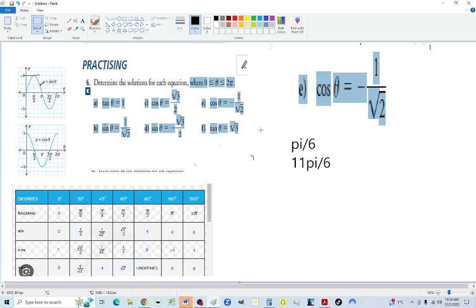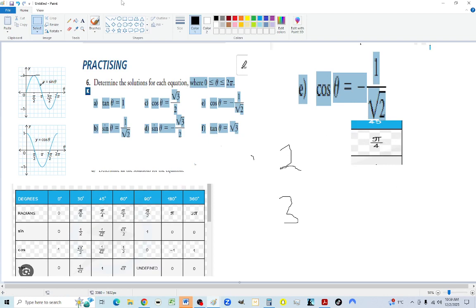If you look at this, cosine is negative, so we're talking quadrants 2 and 3, where cosine is negative. We can also see 1 over square root of 2 in the cosine list is right there. So we're talking pi over 4.